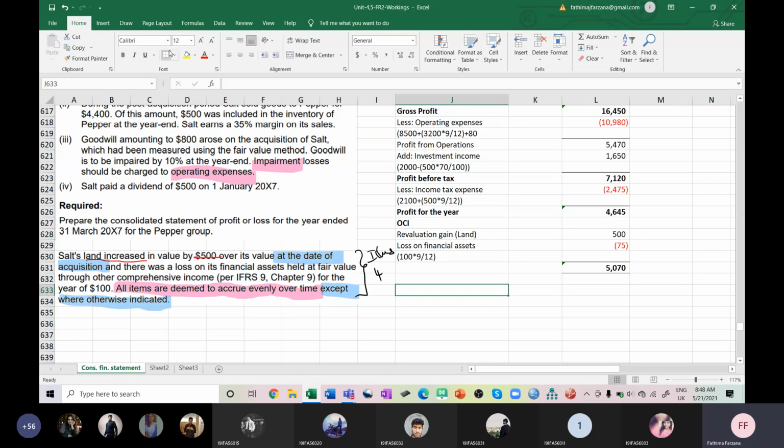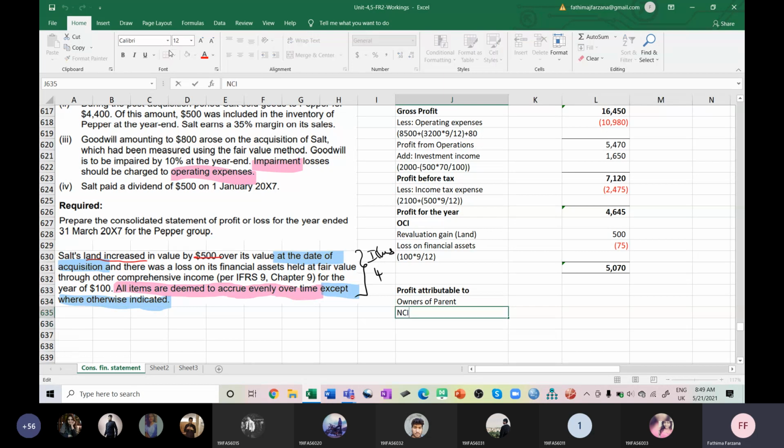Okay, so I'll just take profit attributable to. I'm seeing this word everywhere. Owners of the parent. NCI also is done.